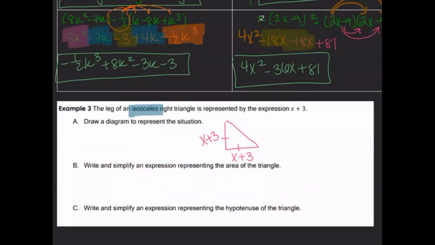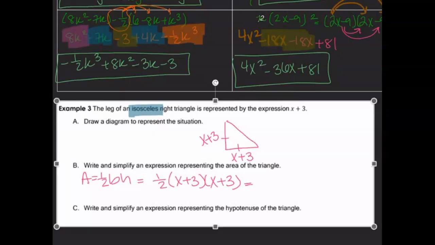So remember, the area of a triangle is represented by area is 1/2 base times height. I have 1/2 my base, which is x plus 3, times my height, which is x plus 3. Which this is going to become, we can double distribute here. So I can do x times x, which is x squared, x times 3, which is 3x.